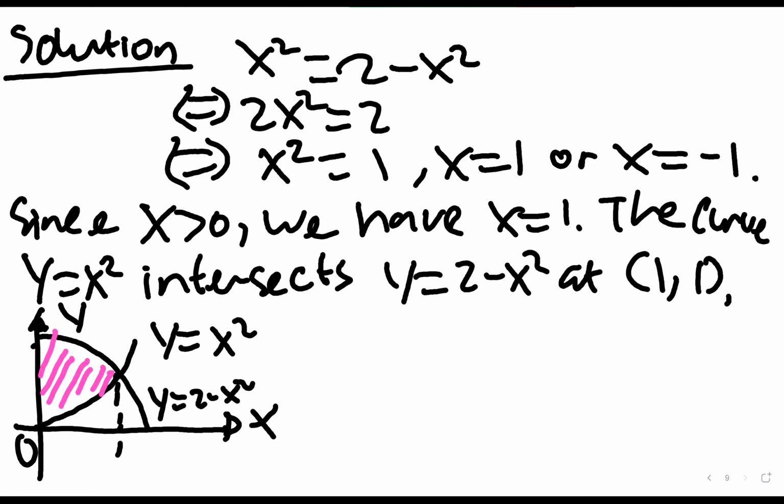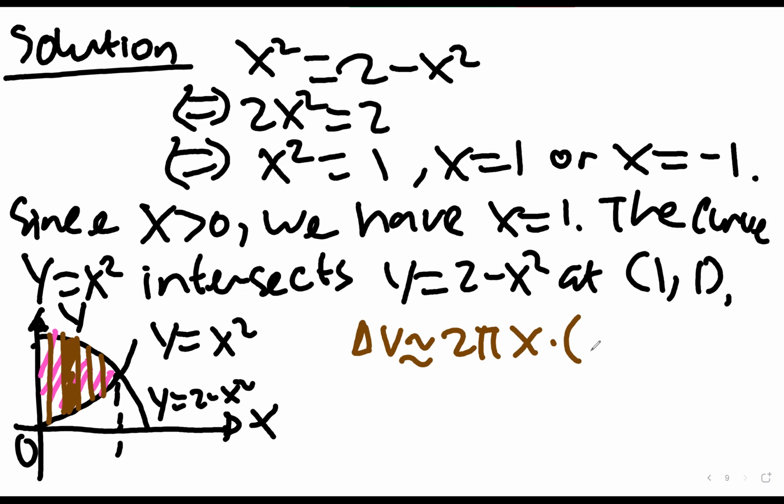And then use the vertical slicing. Then if you take a look at the following case, delta V is approximately 2 pi x times f of x, which is 2 minus x squared minus x squared, delta x.